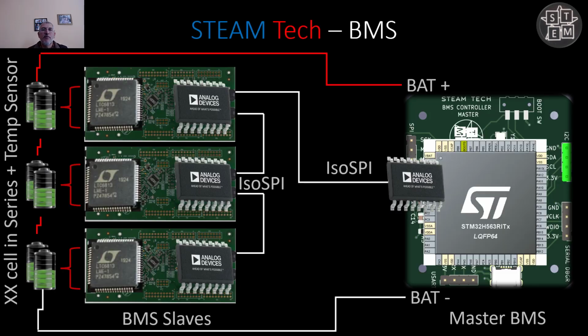As I mentioned in my previous video, we're going to be using an STM32 microcontroller with Analog Devices components. We're going to be using an LTC6820 for the isoSPI protocol, which will connect the master BMS with the slave BMS, and also connect other slaves in case we have a large battery.